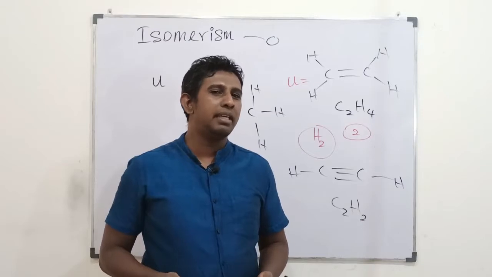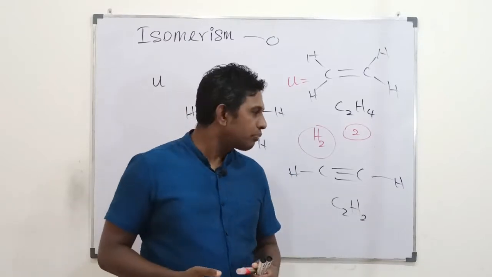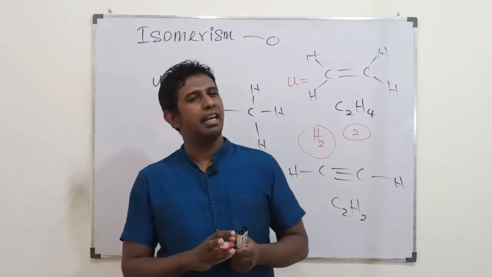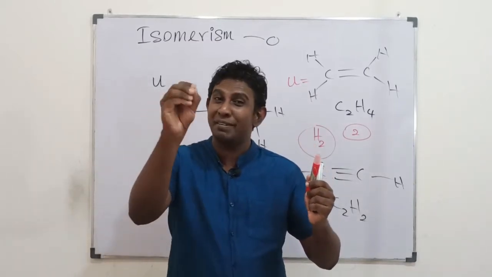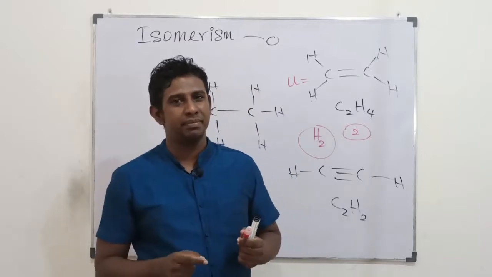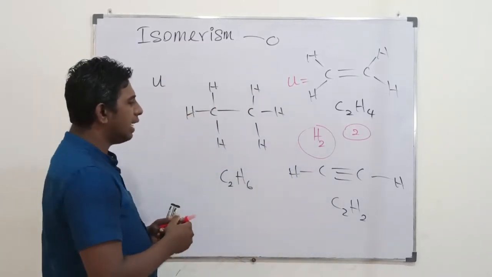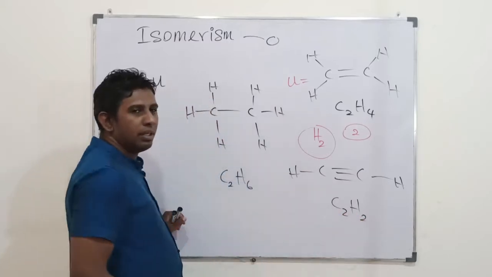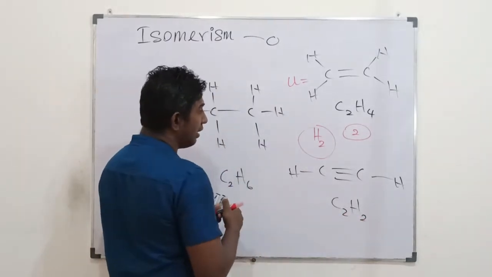Then we could define this unsaturation number as the number of H2 molecules you need to provide to make it saturated. Okay. Then students, here the maximum is 6, but already you are having 2. It lacks 4 hydrogens.